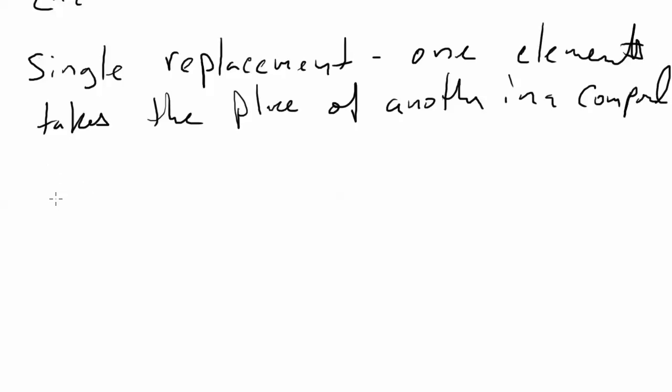So this pattern would be like if you have element A and you're reacting it with compound XZ, the A would take the place of either X or Z. So you would get AZ, compound AZ, and then X would be present in its elemental form.